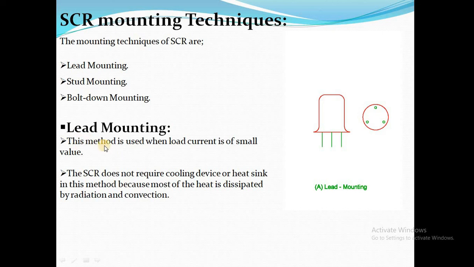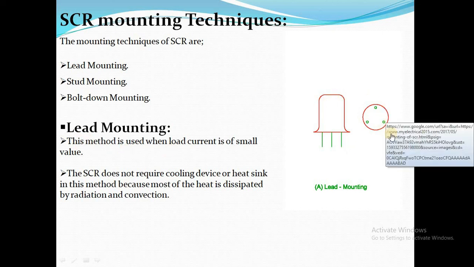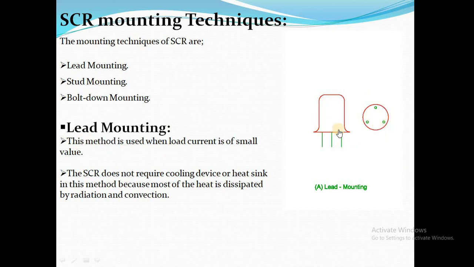First is lead mounting. This is the structural representation of lead mounting. Lead mounting is generally used to fix the SCR on a PCB.